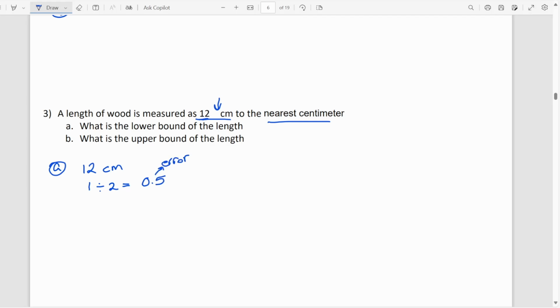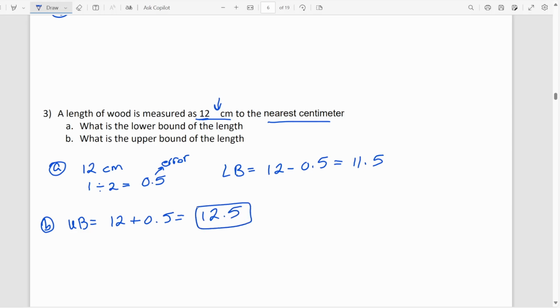And I'm going to go ahead and find the lower bound, so lower bound is equal to 12 minus 0.5, which gives us 11.5, and the upper bound is 12 plus 0.5, which gives us 12.5. Okay, so this is the upper and this is the lower bound.